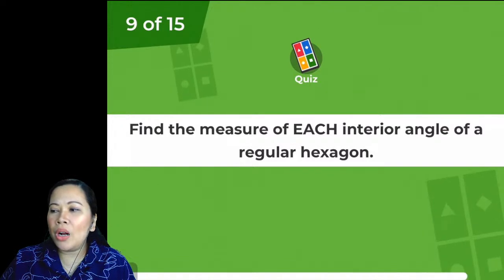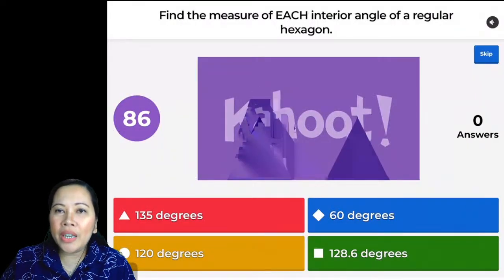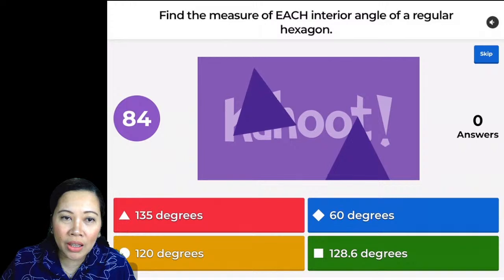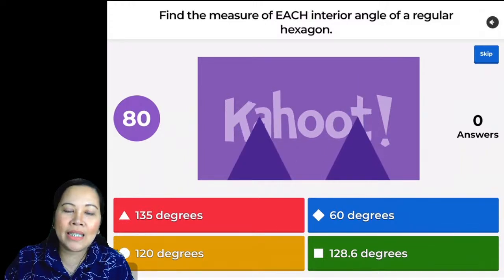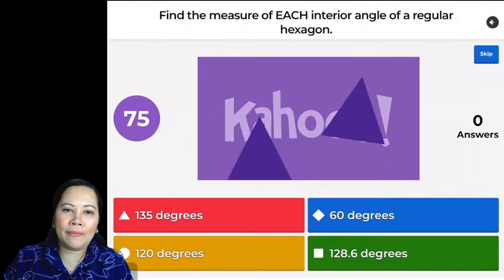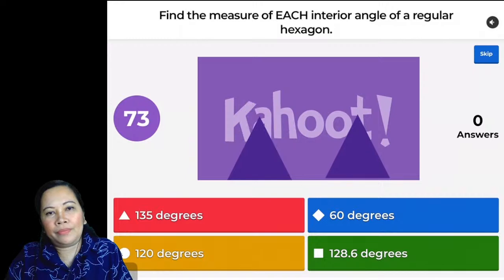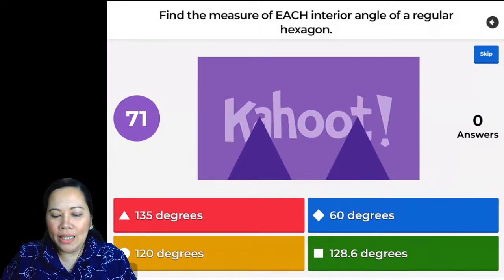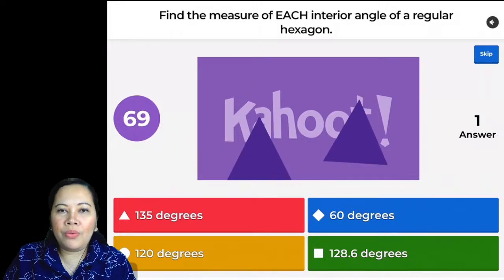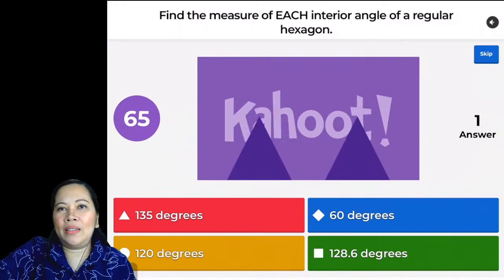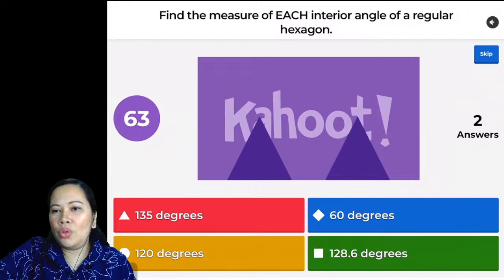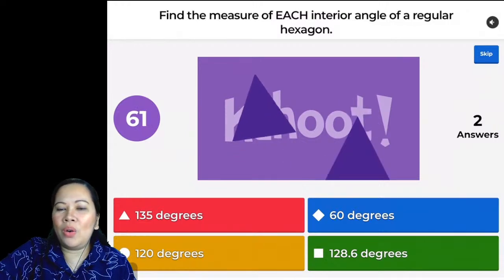Question number 9. Find the measure of each interior angle of a regular hexagon. Okay, a hexagon is 6-sided. What is the measure of a regular hexagon?